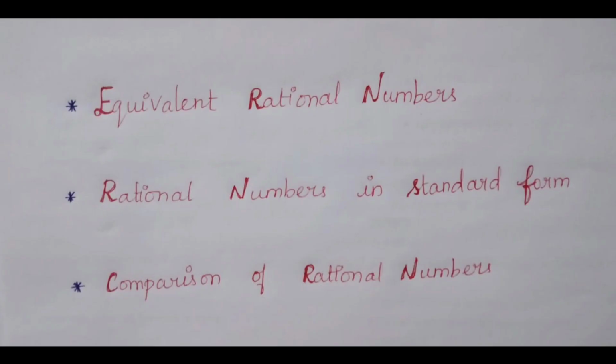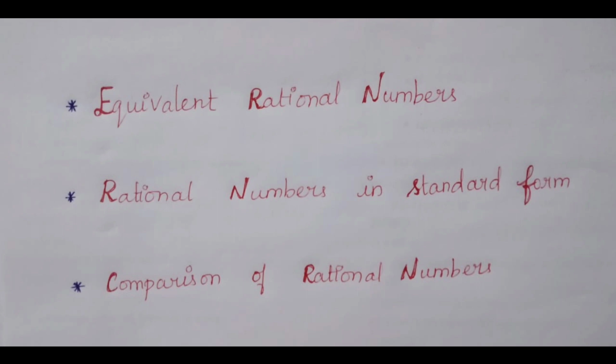So far we have seen how to find the equivalent rational numbers for a given rational number. Next, we have seen how to convert a rational number to the standard form. What do we have to do to convert it to the standard form?